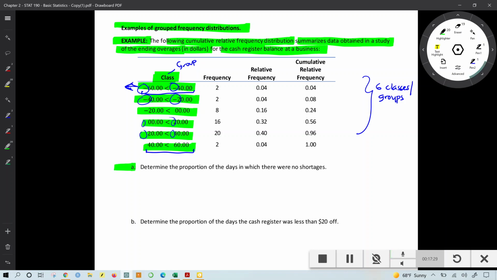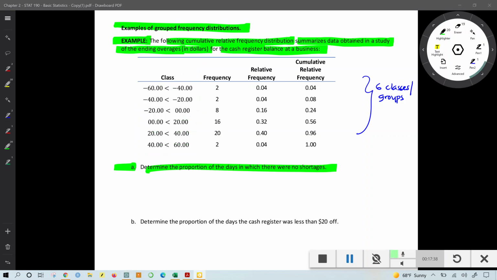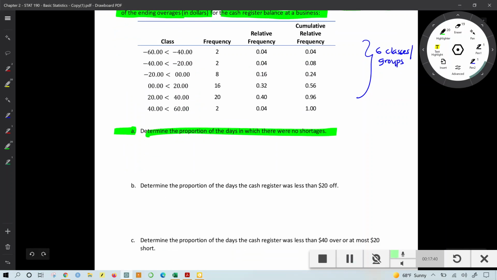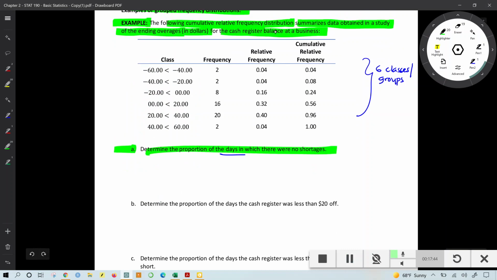For example, we are to determine the proportion of the days in which there were no shortages. To answer that question, we are looking at days with positive cash register balances. That will cover this group and this group, where there were no shortages.